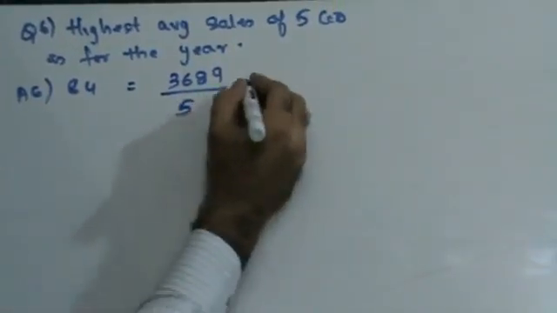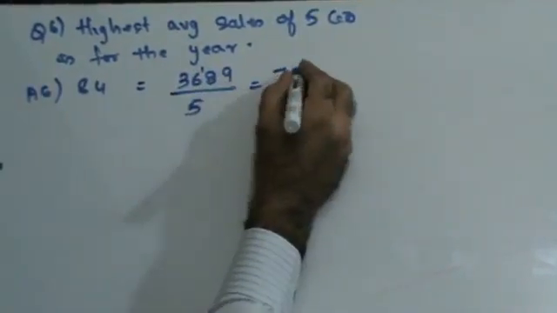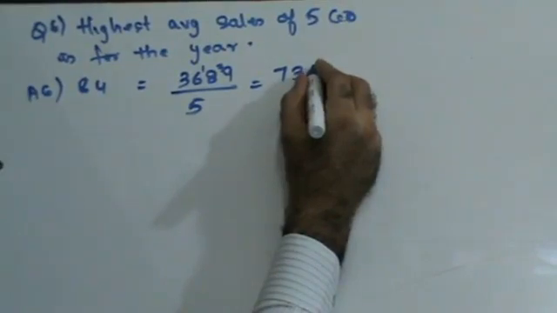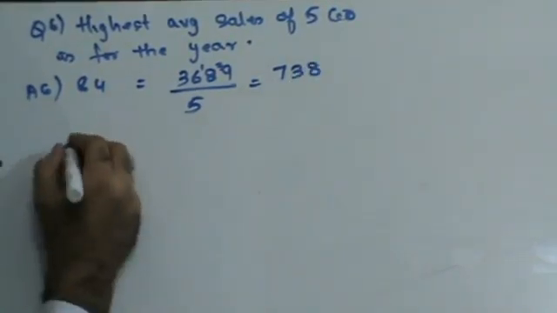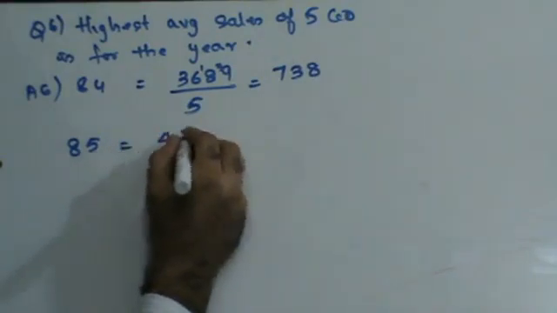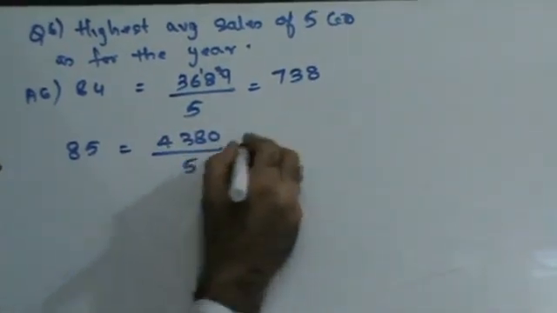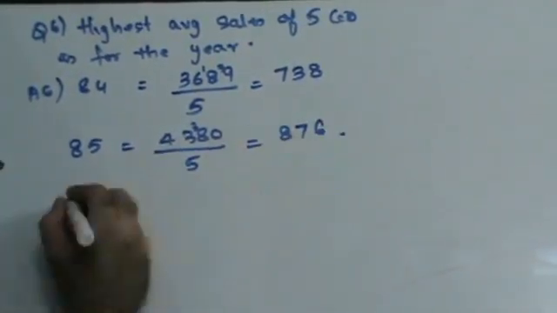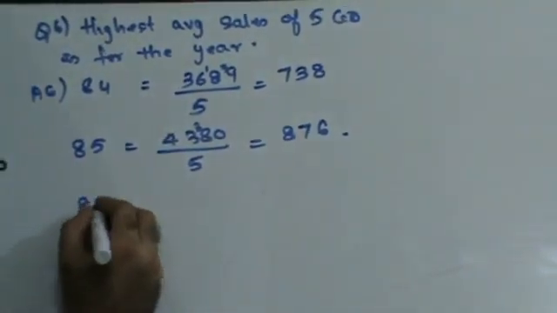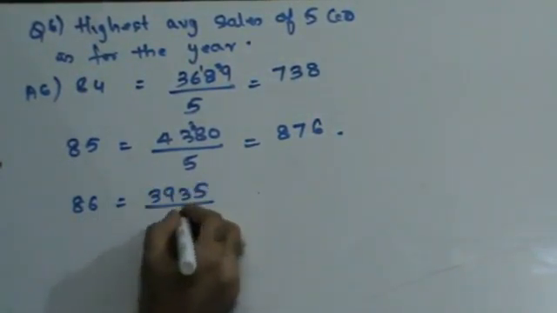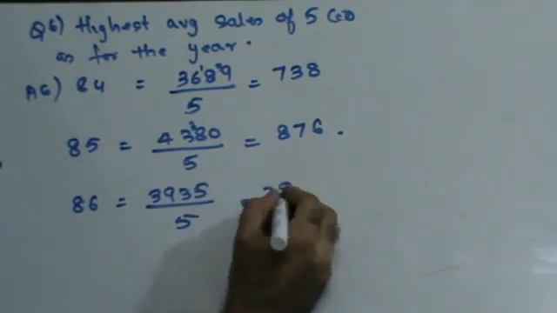divided by 5. 7 5s are 35, 3 5s are 15, 7 5s are 37. Then for 85 it is going to be 4380 divided by 5. 8 5s are 40, 7 5s are 35. Then for 86 it is going to be 3935 divided by 5, which we know is 787.